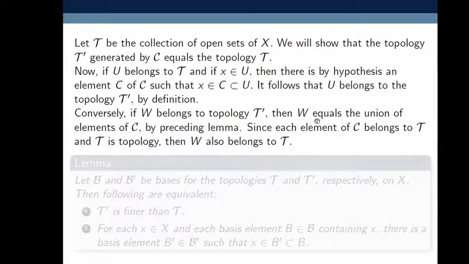This shows that W equals the union of elements of script C by using the previous lemma. Since each element of script C belongs to tau and tau is a topology, therefore W belongs to tau.